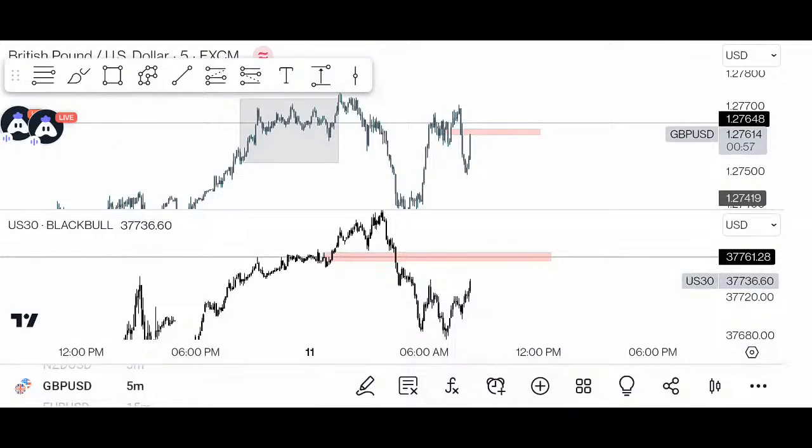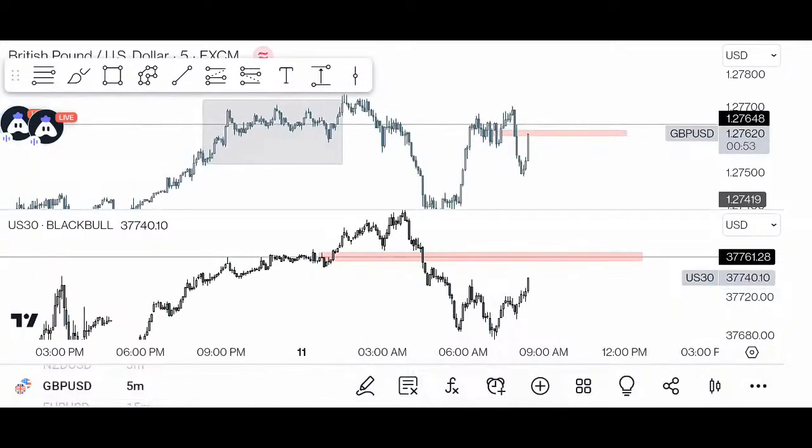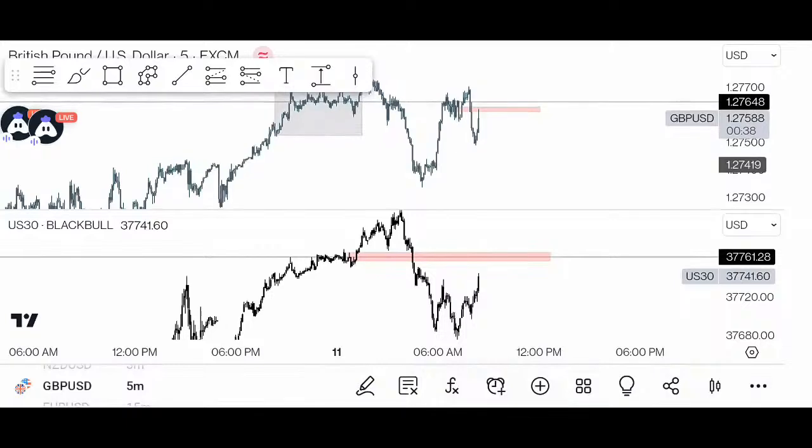So it will get rejected from there on the CPI, and then I will show you the level where it will go. Still there are 40 seconds left. There is a small rejection, and you will see how the price reacts.